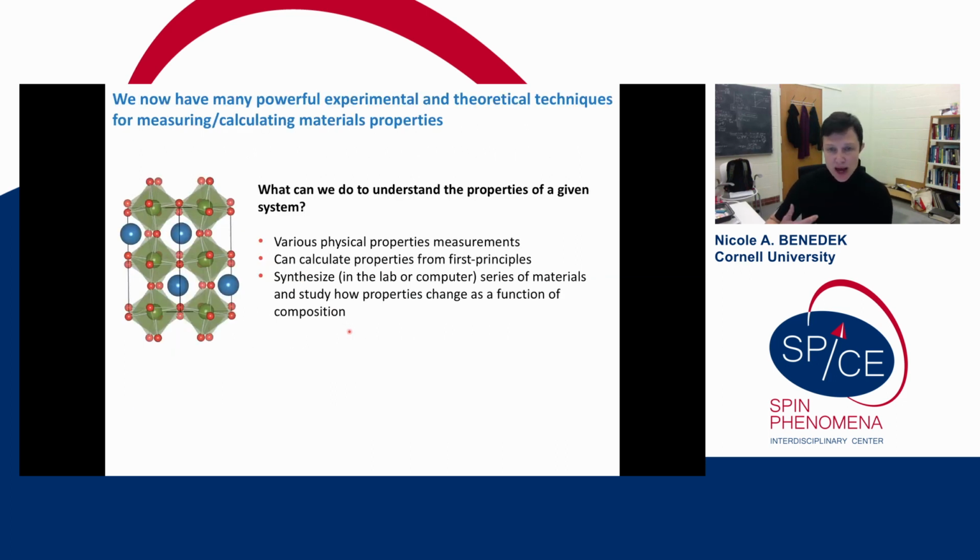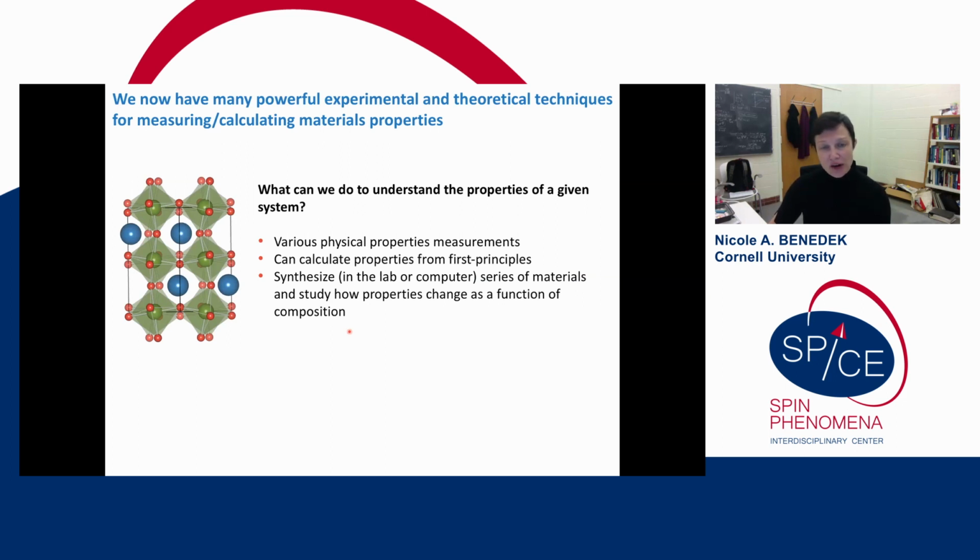Right, so say you have some system, some material, and you're interested in understanding why this system behaves the way it does, or why it doesn't behave in some other way. Why doesn't it have some properties that I want it to have? So what can you do? Well, we have very powerful experimental and theoretical techniques these days.